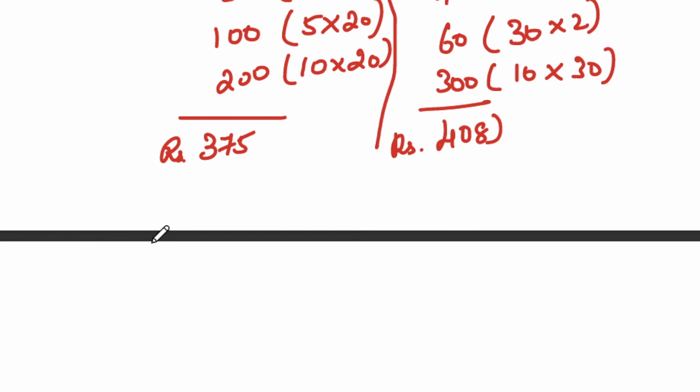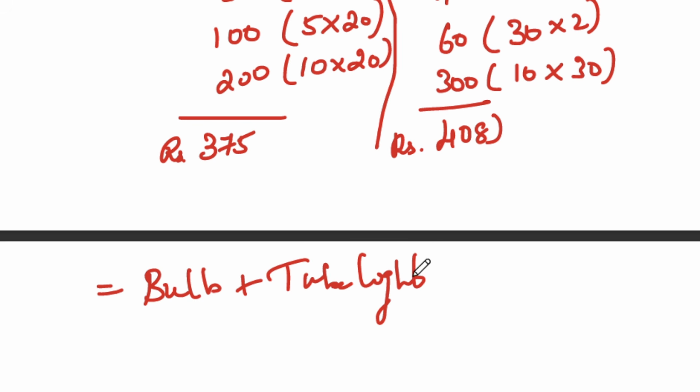So now what we have to do, we have to add bulb plus tube light. So bulb plus tube light, which is 375 plus 408. So 8, 9, 10, 11, 12, 13. 3 balance 1. 7 plus 1 is 8. 4, 5, 6, 7.